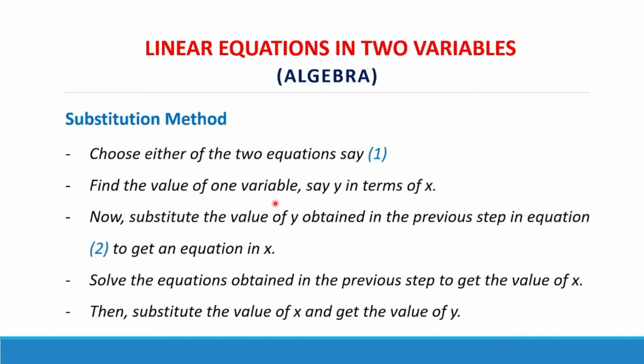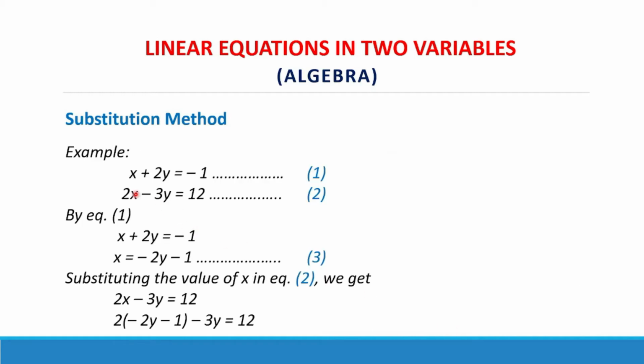Find the value of one variable, either y in terms of x or x in terms of y. Now, substitute the value of y obtained in the previous step in equation 2 to get an equation in x. Solve the equation obtained to get the value of x. Then, substitute the value of x and get the value of y.